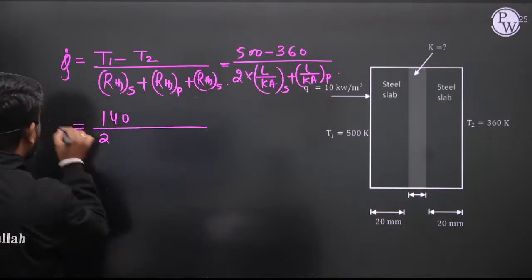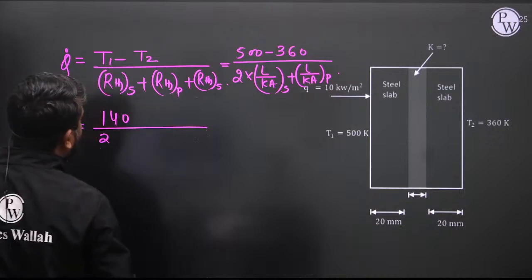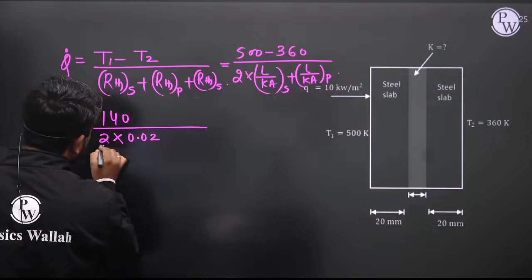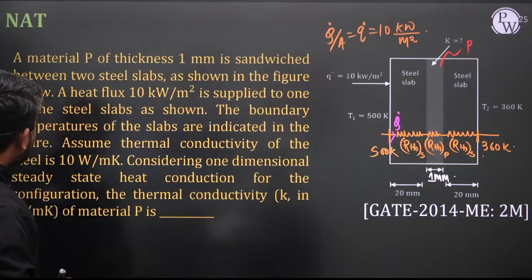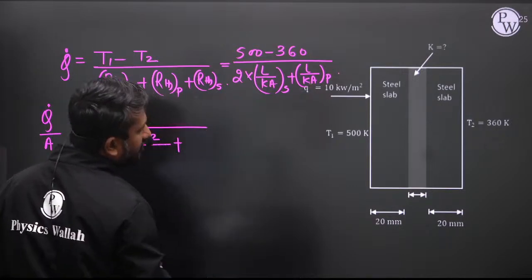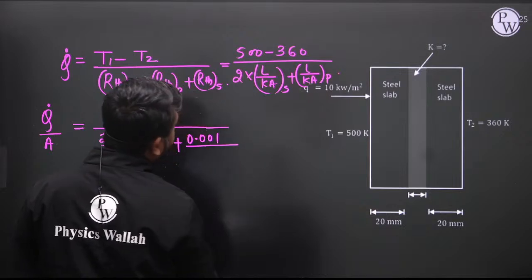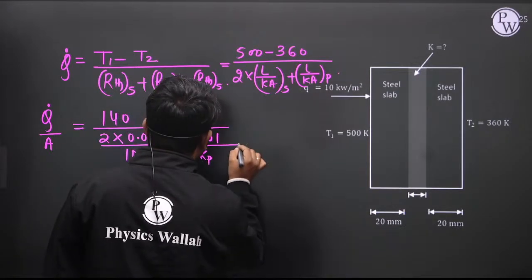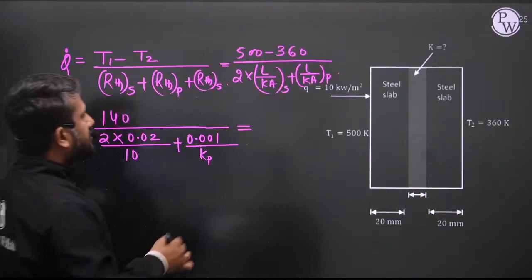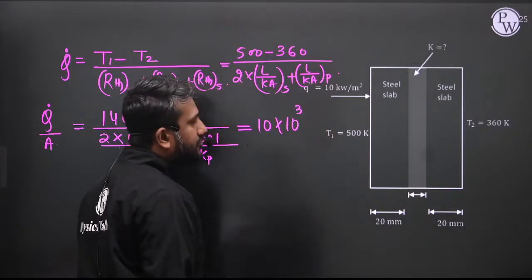So this is Q dot by A equal to 140 divided by 2 multiplied by 0.02 divided by thermal conductivity of the steel, mentioned as 10 watt per meter Kelvin, plus the thickness of material P, 1 mm, so 0.001, divided by the thermal conductivity of material P, which is unknown. And this Q dot by A is mentioned in the problem, 10 kilowatt per meter square, so this is 10 into 10 to the power 3 watt per meter square.